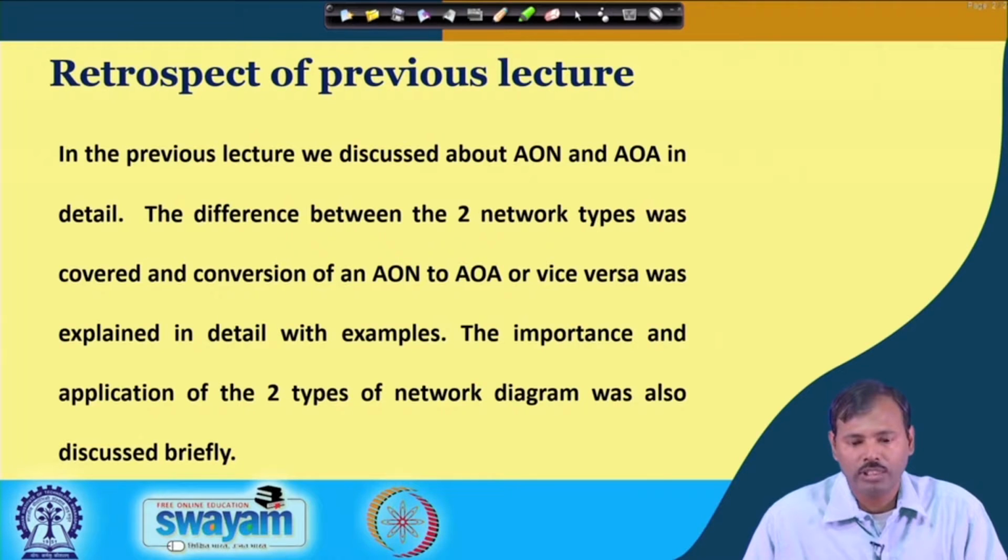Also, in the last class we discussed how dummy jobs are required in the activity on arrow diagram to plot the network, so the user can identify which are the predecessors and the successors of a particular job.